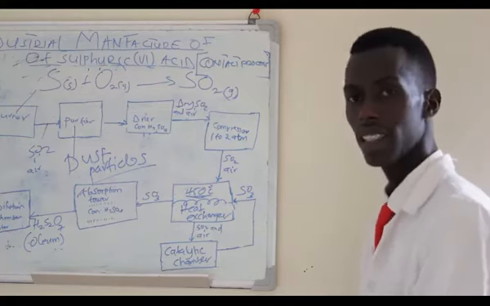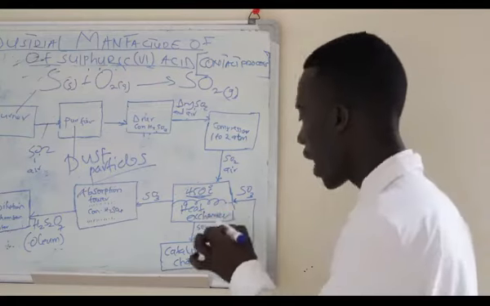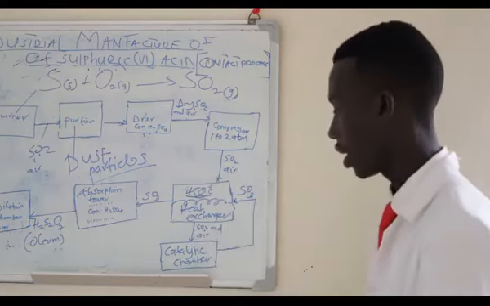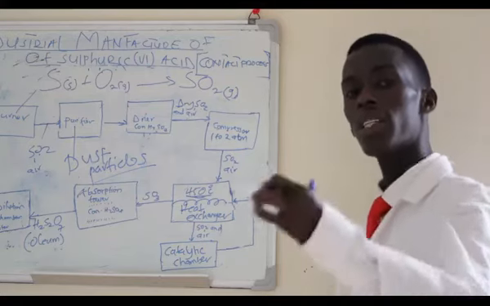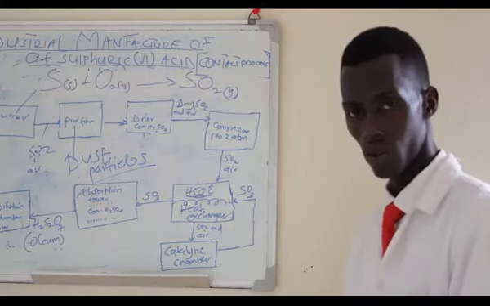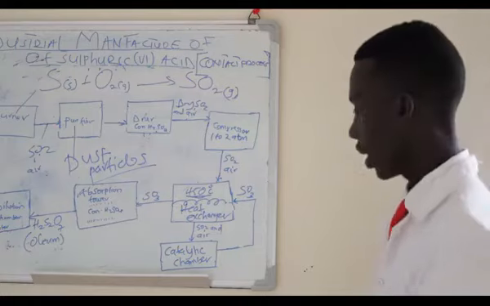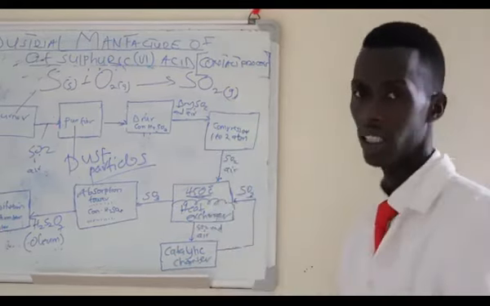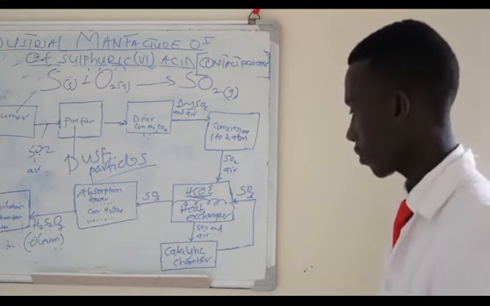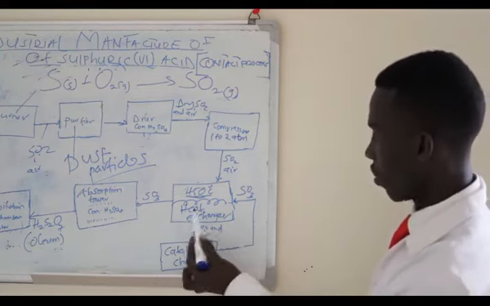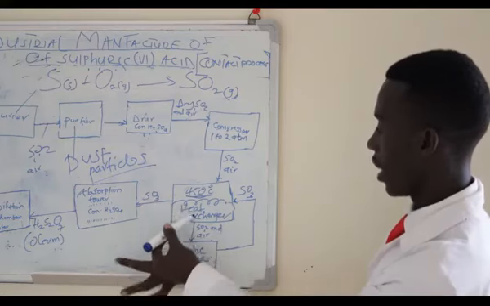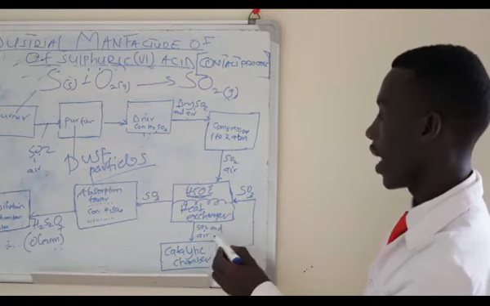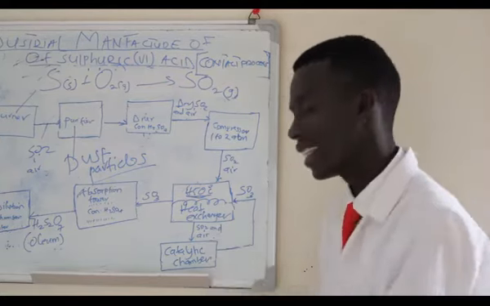It heats the gas and air, that gaseous mixture, to provide suitable conditions for the reaction in the catalytic chamber, which is our next chamber. Now you can see the gases have been heated to this temperature, 450. So the sulfur dioxide and air are taken into the catalytic chamber.